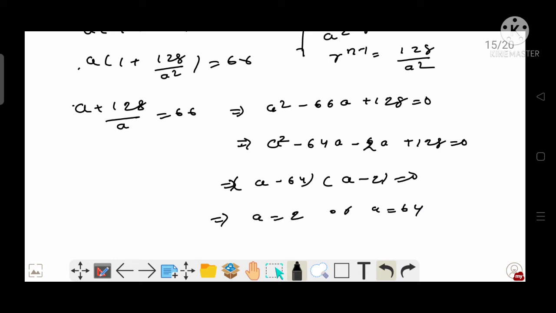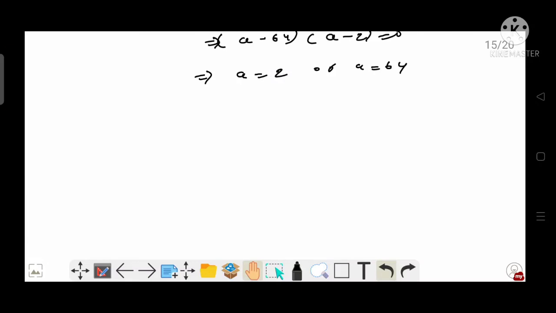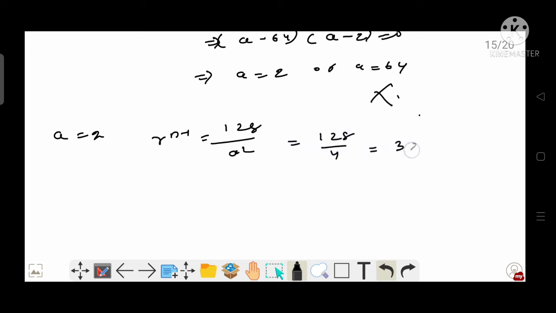If a equal to 64, the sum of the terms does not work, so we cancel this. So a equal to 2 we can consider. If a equal to 2, then r to the n minus 1 equal to 128 by a square, so 128 by 4, that is 32. So r to the n minus 1 equal to 32.